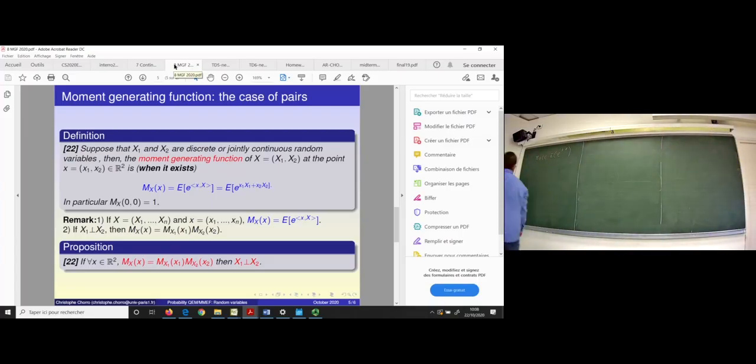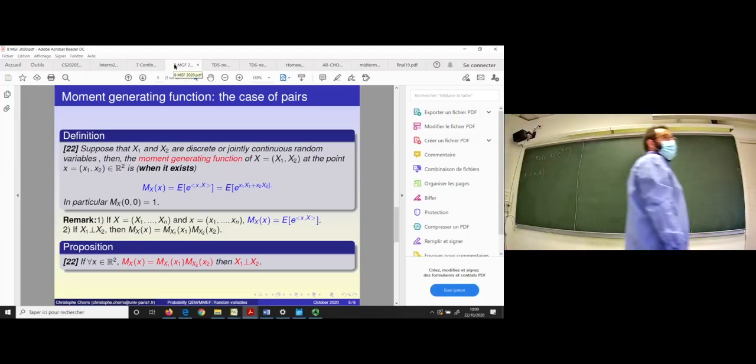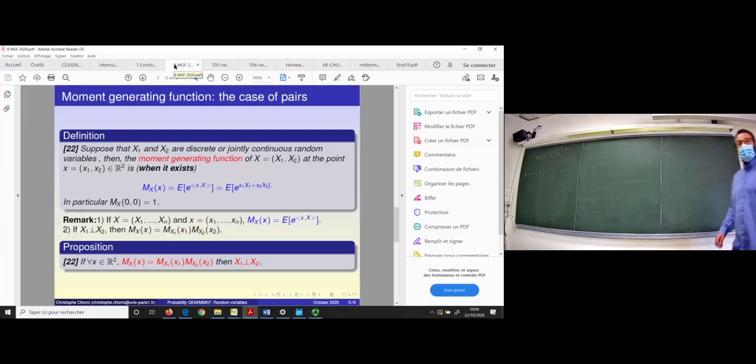So suppose that you have not a single random variable x, but that x is in fact a pair of random variables, x1, x2. You have a pair of random variables. In fact, I have the possibility to define the moment generating function of the pair this way.